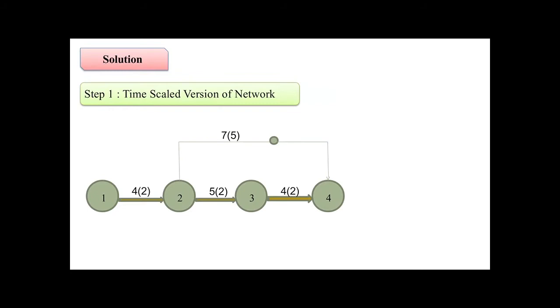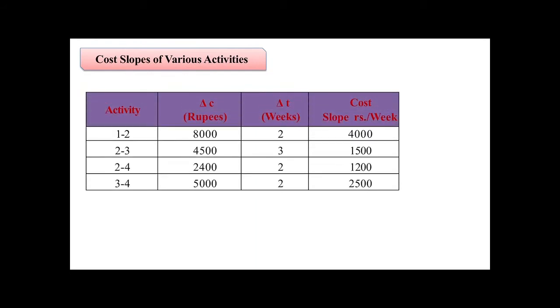As you can see, if we go 1-2, 2-3 and 3-4, by this we require the cost slope as given below. Now what is cost slope? What is the formula to find out cost slope?